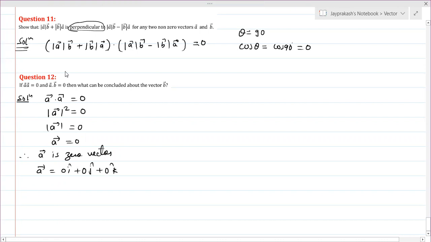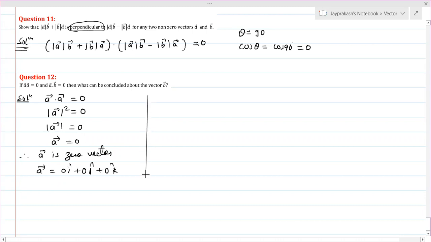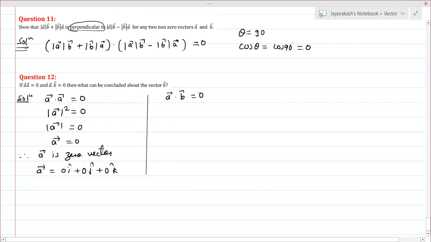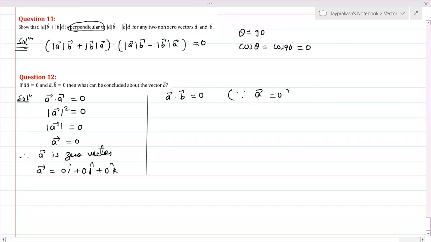Now they are asking that if A dot B is 0, then what can you say about the vector B? So if we write here vector A dot vector B is 0. Now we know that vector A is the 0 vector, because we have earlier proved that the vector A is the 0 vector.